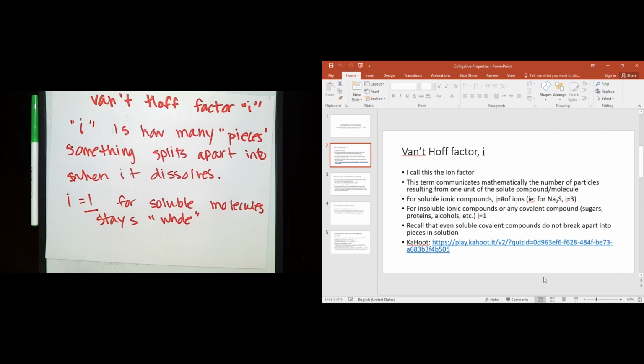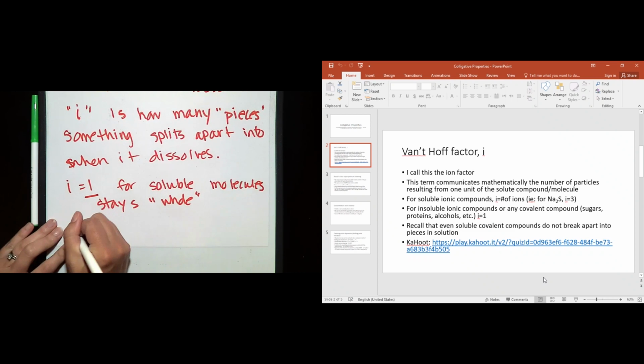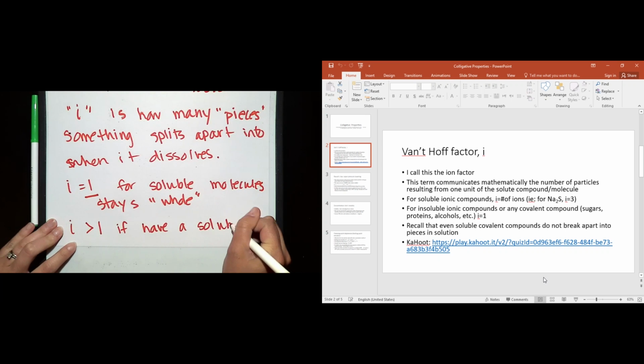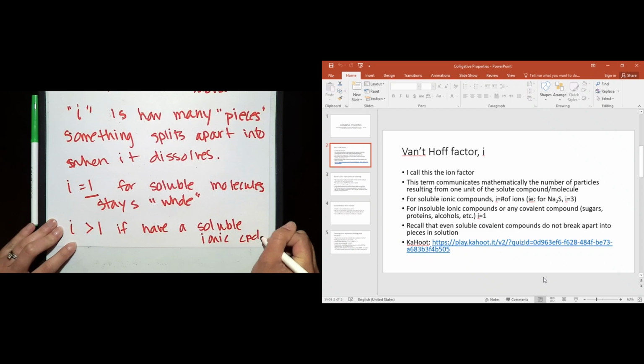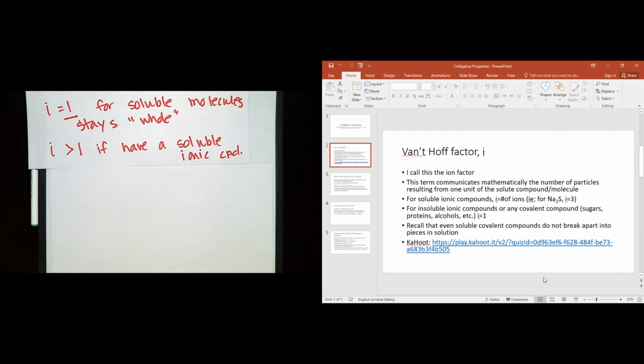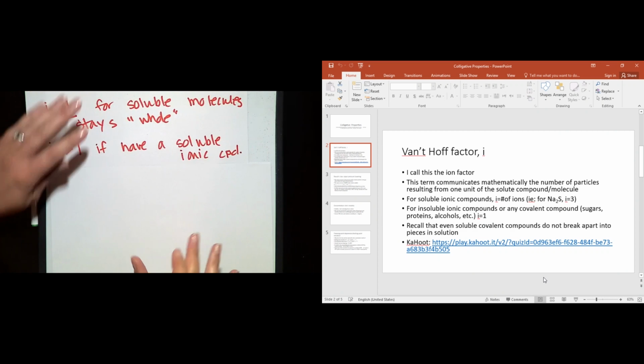But if it's an ionic compound, i will be greater than 1 if we have a soluble ionic compound. These are often called electrolytes. Okay, so how do we figure out what i is?